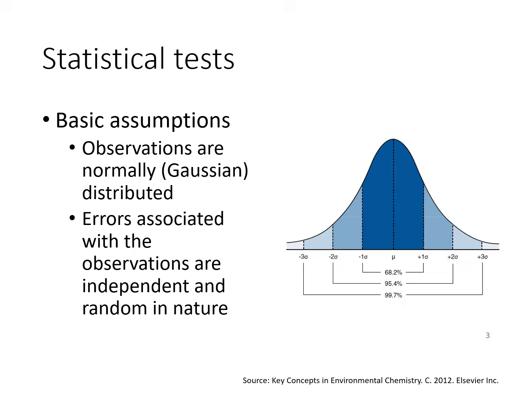confidence intervals. Two assumptions that are implicit in many statistical tests are that the observations are normally or Gaussian distributed, and that the errors associated with these observations are independent and random in nature.